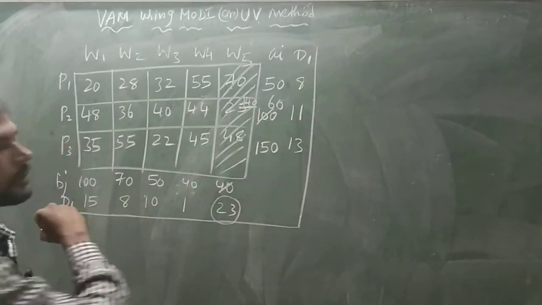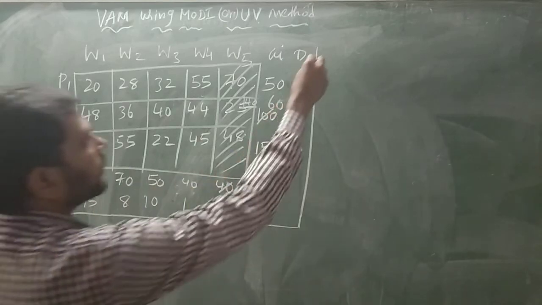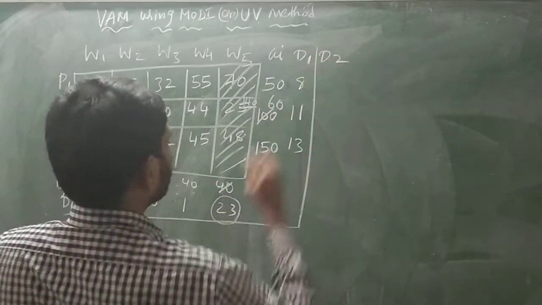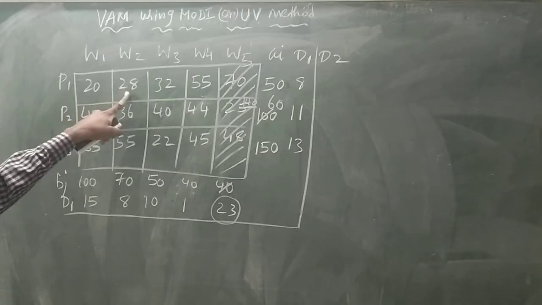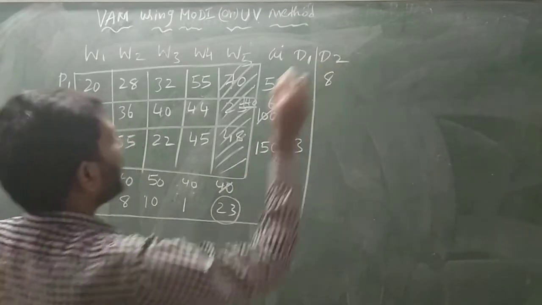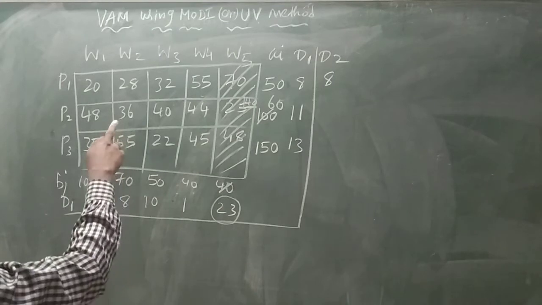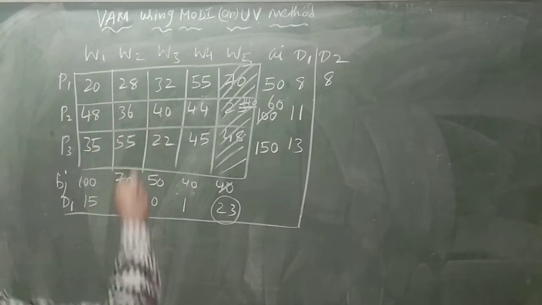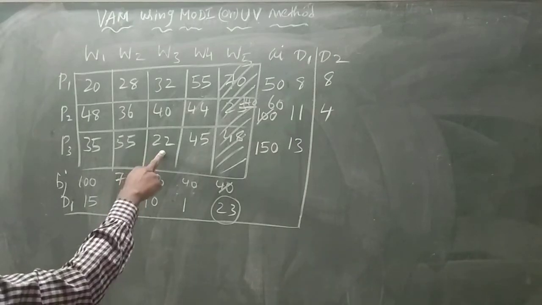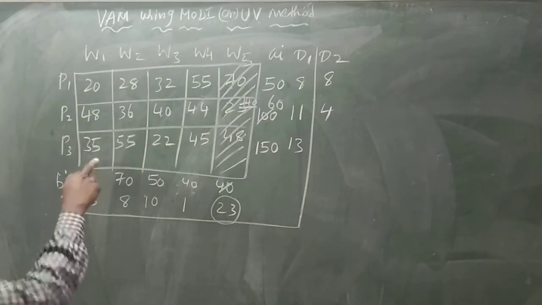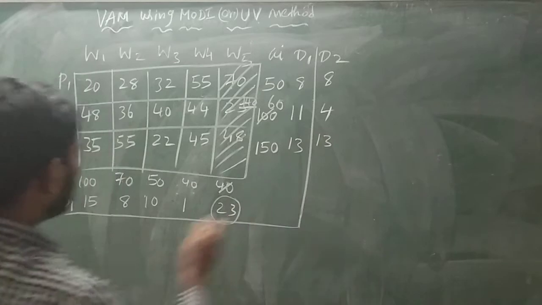Next, difference 2. Same thing, in the first row the first least value is 20, another least value is 28, difference is 8. In the second row, first least value is 36, another least value is 40, the difference is 4. In the third row, 22, another least value is 35, difference is 13.